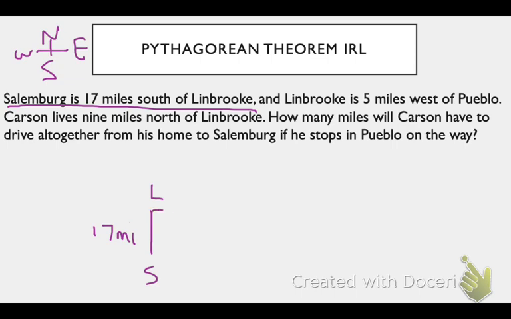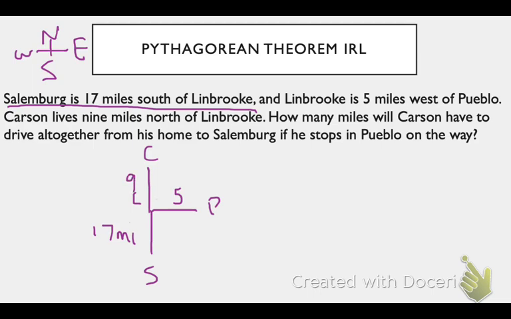So I need to go this way to get to Pueblo. All right, and that's 5 miles. I'm not going to label the miles. And then it says Carson lives 9 miles north of Lynbrook, which means Carson lives up here, 9 miles north. This is where Carson lives, and that's a 9.